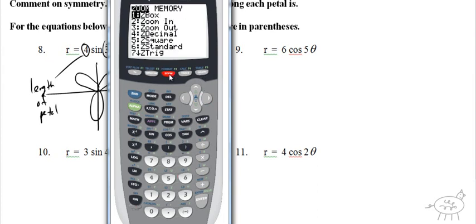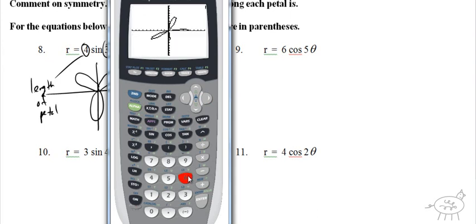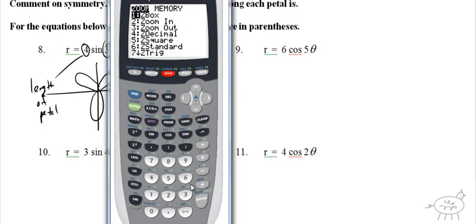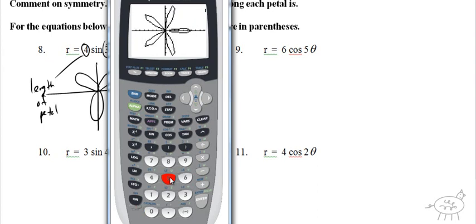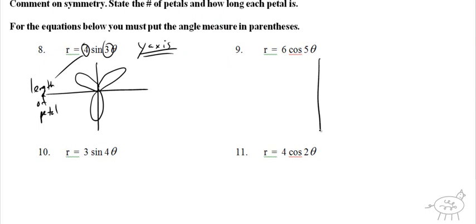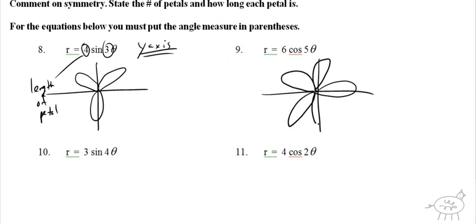Anyway, let's do zoom 6. Ah, look at that, 5 petals. Let's zoom fit. Okay, and then let's do zoom square just to kind of get a nice look. So that's kind of what it looks like. It looks similar to this. So it's 1, 2, 3, 4, and 5.